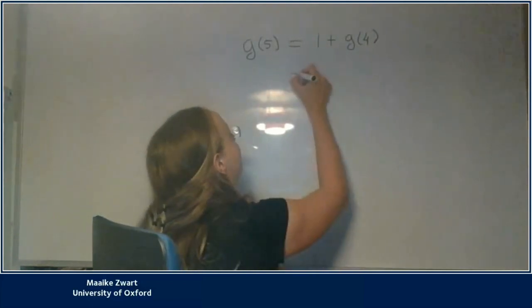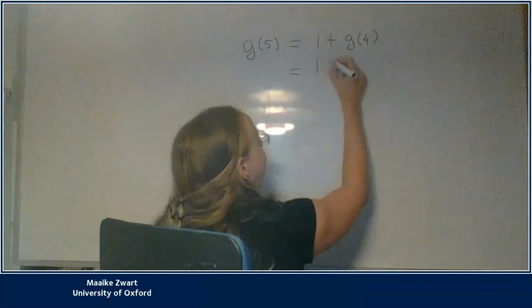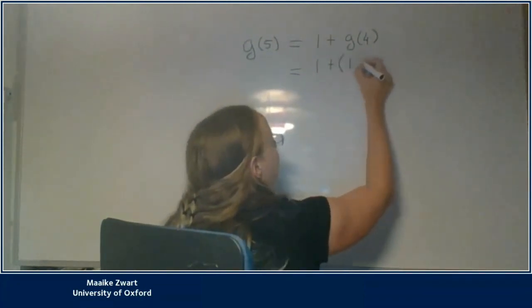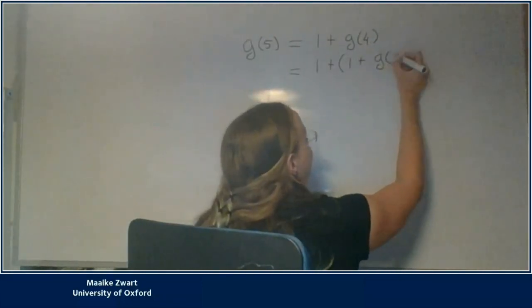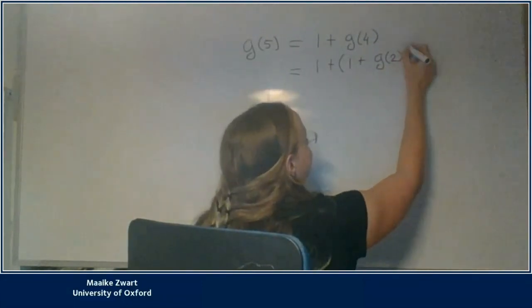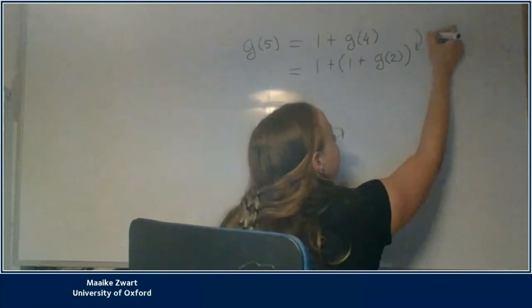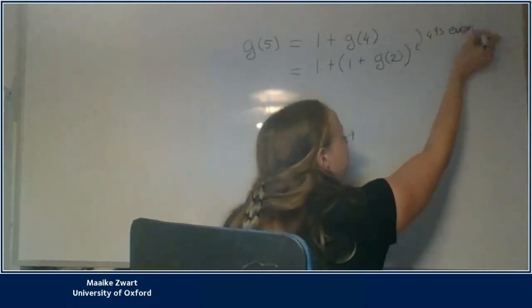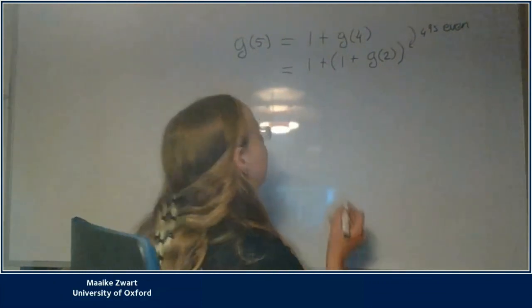Well then, 4 is even, so the instruction says that this is now 1 plus g of 2, because now I have to divide by 2. That is, 4 is even. I hope this is still, yep, looks good.